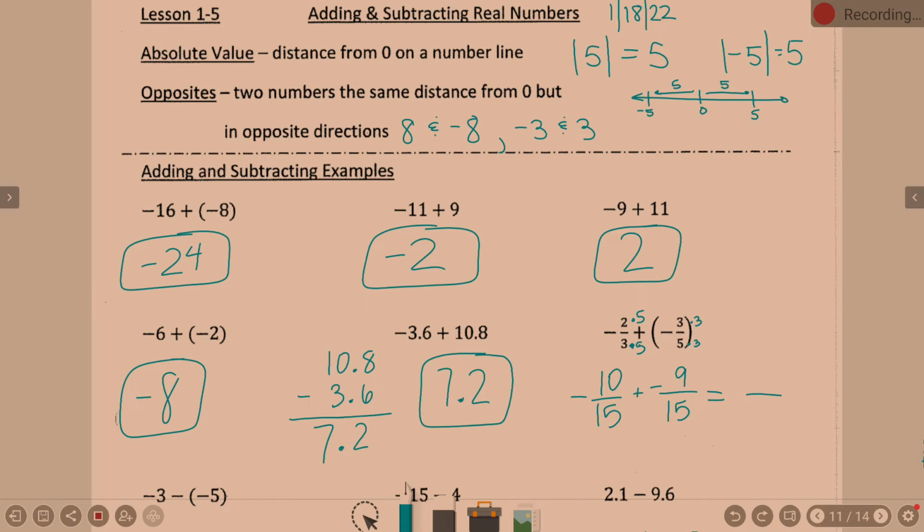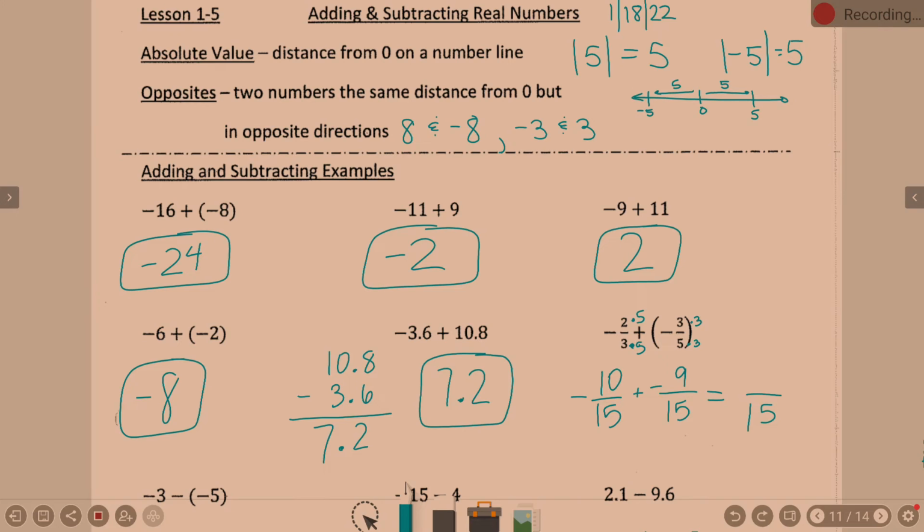Now we said we had to have a common denominator to add or subtract, yes? So what's the denominator of my answer going to be? It's going to be 15. And all you really have to decide is how do I do negative 10 plus negative 9? So look back over here. How did I do a negative plus a negative the other 2 times I did it?